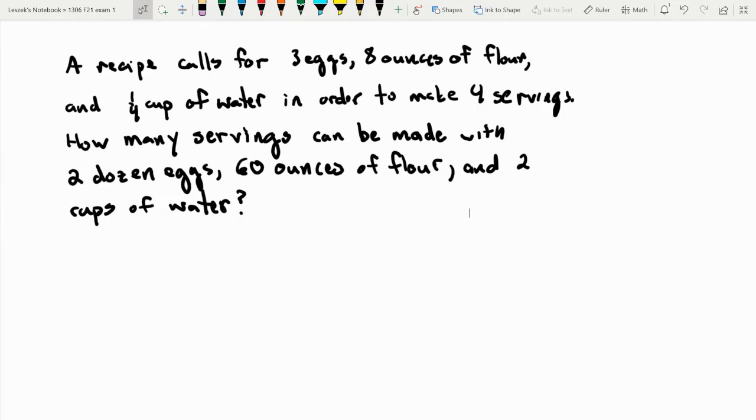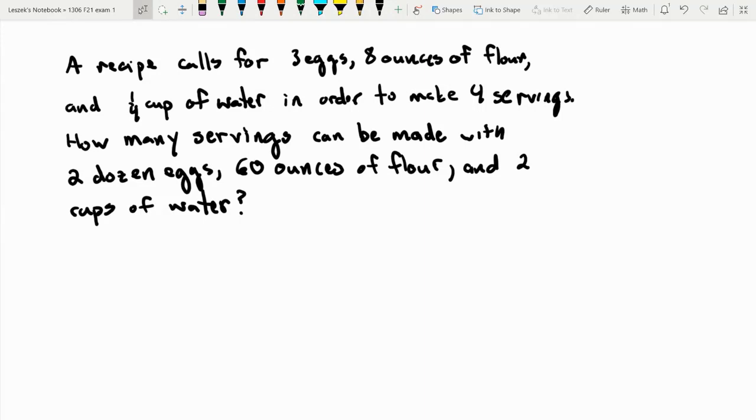Okay, so how many servings can we make if we have 2 dozen eggs, 60 ounces of flour, and 2 cups of water? How would we go about it? It's a very similar principle, right? Because the maximum number of servings we can make is limited by our materials. So how many eggs do we have?